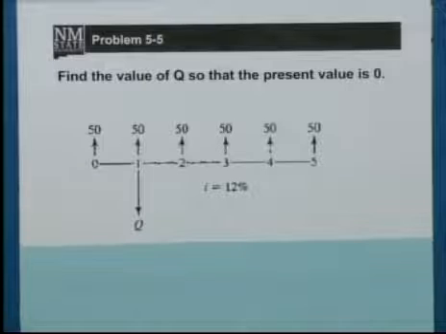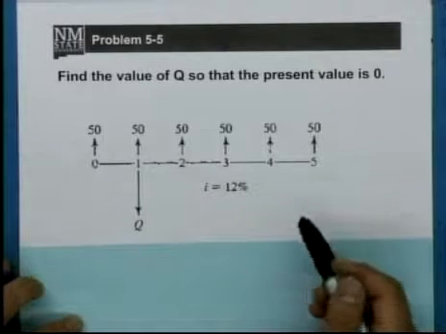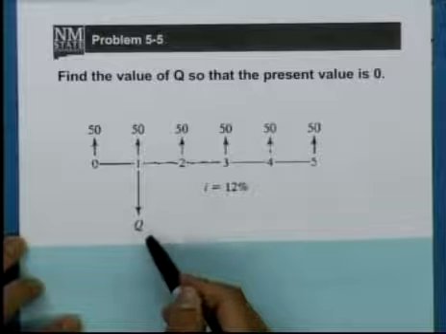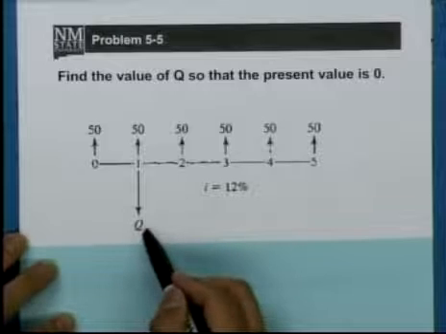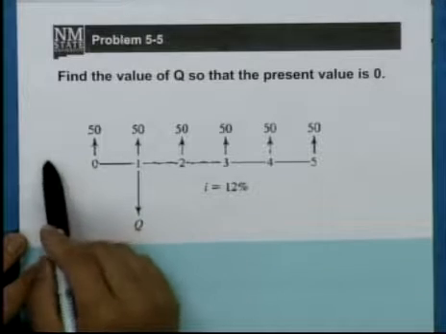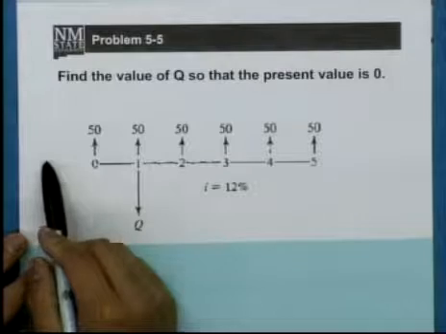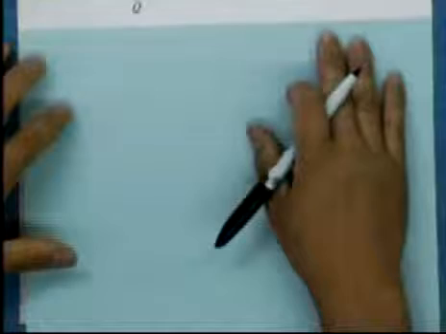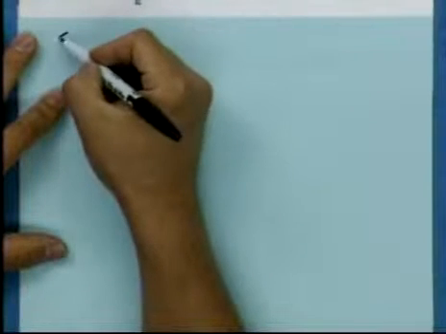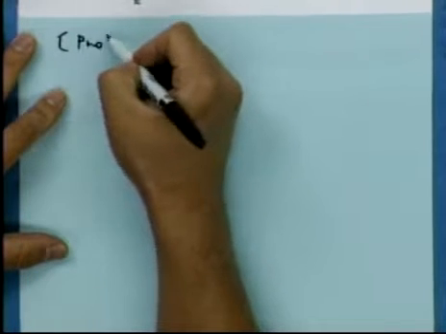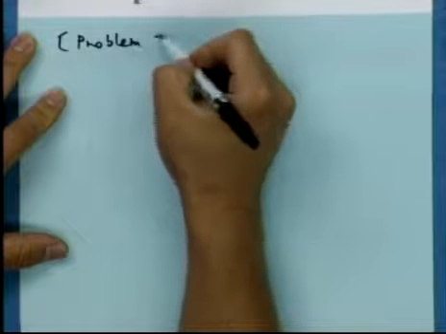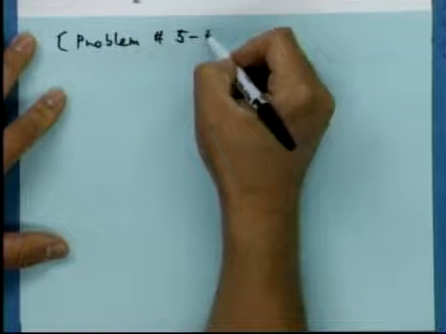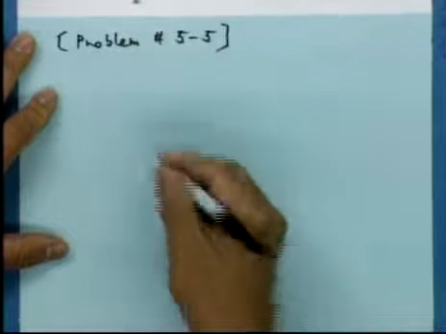Okay, so in this cash flow diagram, if the value of Q occurs 2 periods earlier, so let me redraw the cash flow diagram again. So problem number 5-5. Okay.